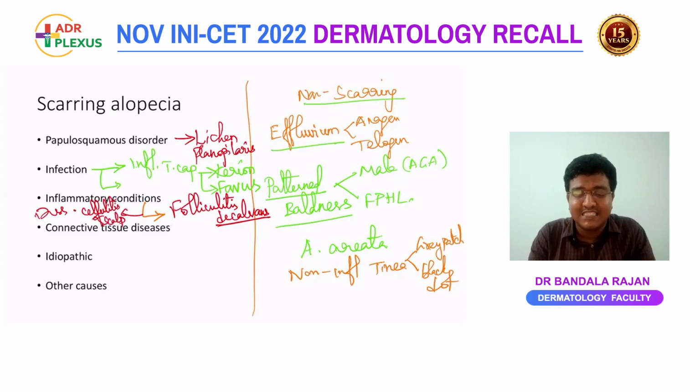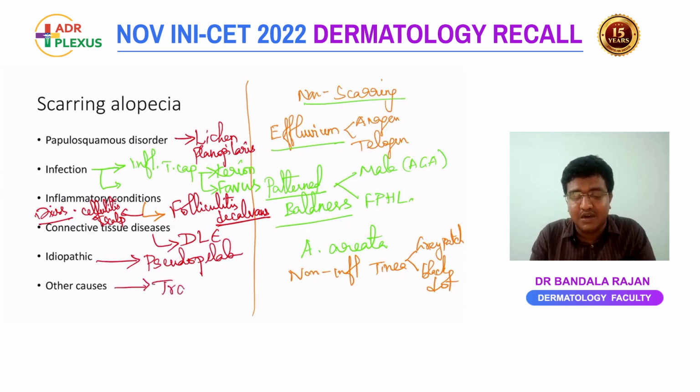Here the name is dissecting, and you can remember it that way: dissecting means all the follicles will be destroyed. In connective tissue disorders, discoid lupus erythematosus is an example. In idiopathic causes, the main one is pseudopelade of Brocq, frontal fibrosing alopecia, those things. Other causes like trauma and burns can also lead to scarring alopecia.